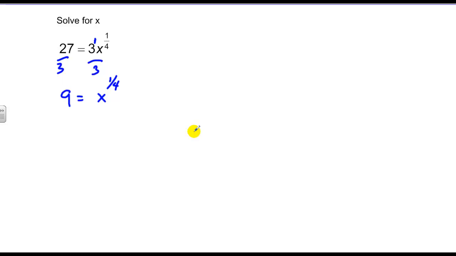Now the next thing I have to recognize is that x is being raised to a power. It's not being multiplied by a 4th. So I have to somehow undo this power and get x to the first power so I can answer the problem.